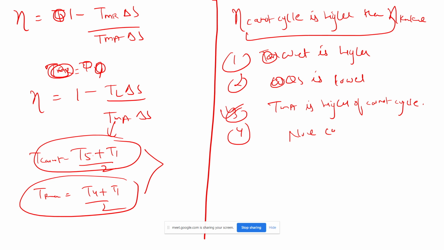Last year also they asked 3 marks questions from this topic in both the sets. So we'll discuss numericals in the next class, because I'm not having that sheet. I'm searching but not finding it.